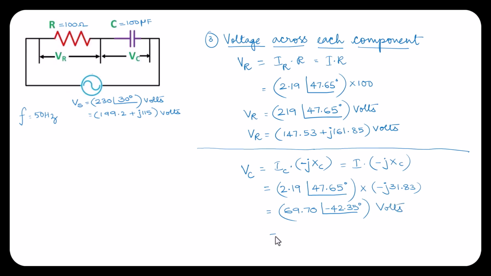If I write the same answer in rectangular form, it will be 51.51 minus J 46.95 volts. So VC in polar form and VC in rectangular form.